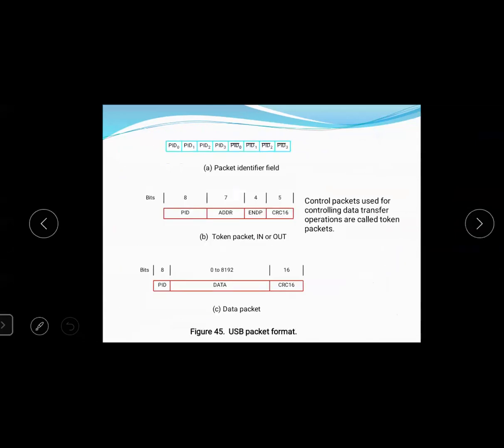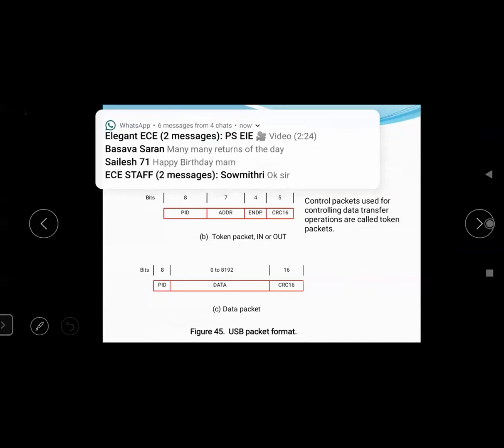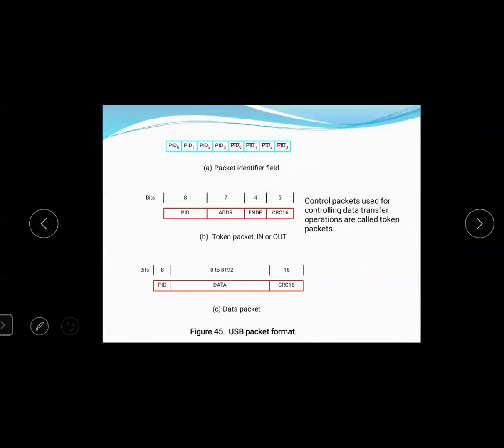The pin signals here. First one is the packet identifier, token packet, and data packet. These are called the USB packet format.